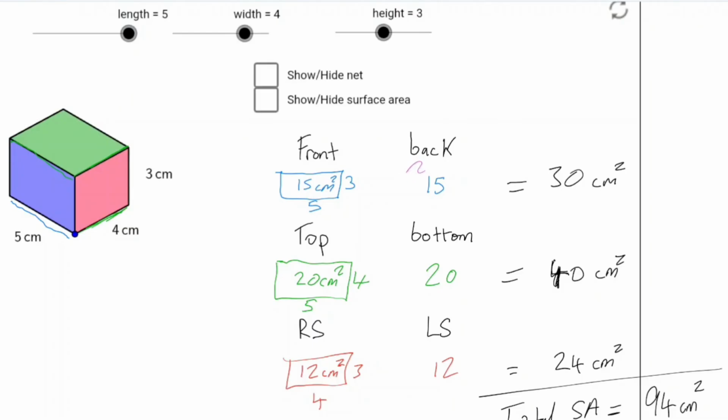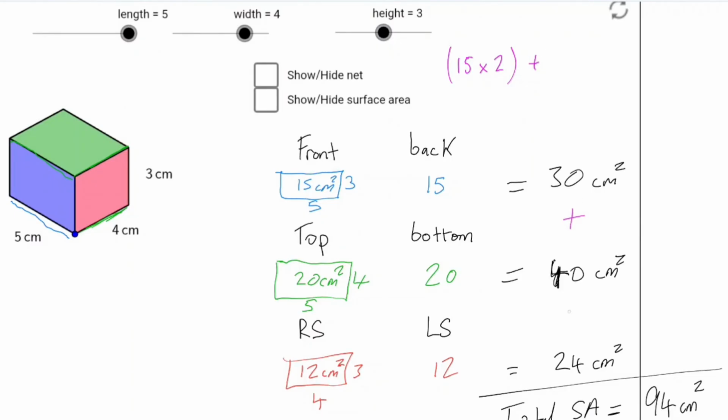Now, what we could have done is, instead of adding 15 plus 15 together, we could have said 15 times 2, because it's 2 lots of 15, right?